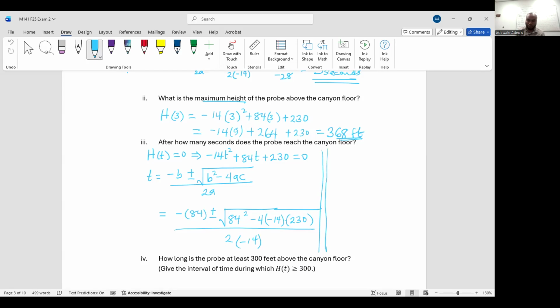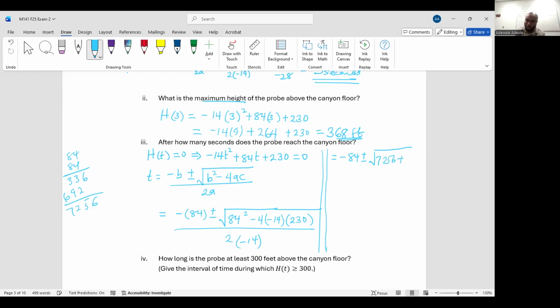So that is equal to minus 84 plus or minus square root of 84 squared, that is 84 times 84, which gives 7056.